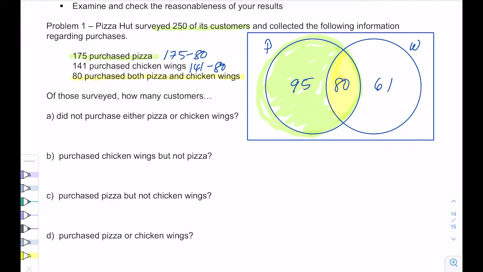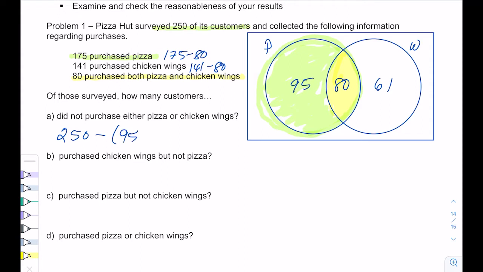So I know that I have a total of 250 people that were surveyed, and I want to know how many customers did not purchase either pizza or chicken wings. So if I add 95, 80, and 61, that's going to tell me the number of people who purchased pizza or chicken wings. So to figure out the number of people who purchased neither, I'm going to subtract that total from 250.